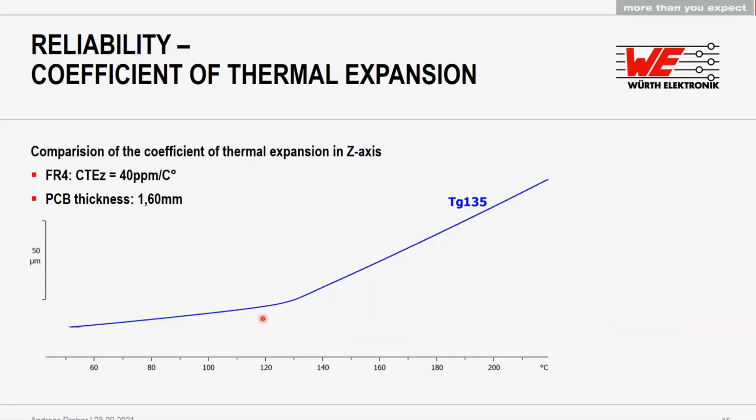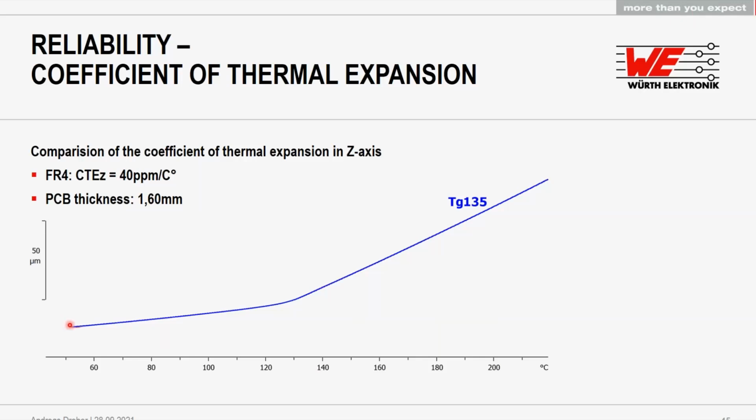Going into more detail, in this slide you can see a measurement of the thermal expansion of a TG135 base material. We have here the temperature up to 220 degrees, which is around the soldering temperature. And you see the expansion of a 1.6 millimeter thick board in microns.